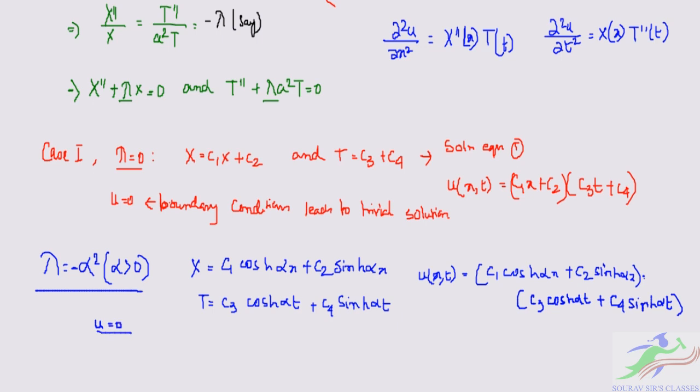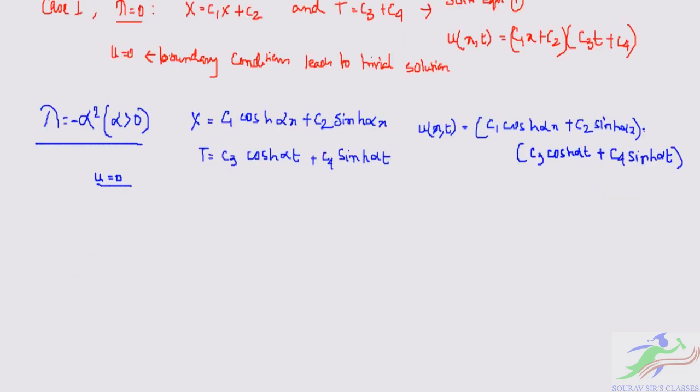Okay, so in the next case, let us take lambda equal to alpha square, where alpha is greater than 0.